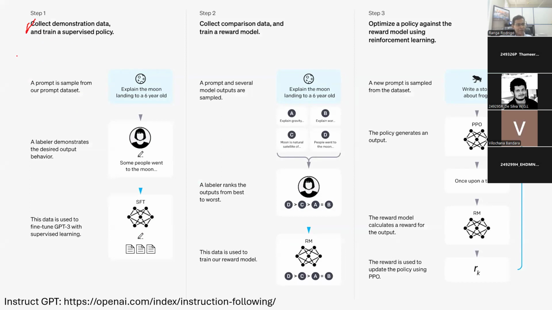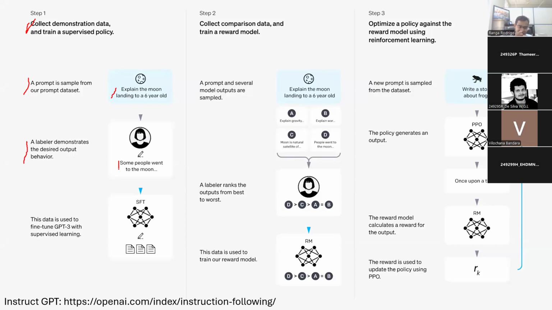Okay, what do they do? They have some prompts, sampled from a prompt database. For example, explain the moon landing to a 6-year-old. Like that, you sample a question prompt. Then a labeler demonstrates the desired output behavior. So some people went to the moon, like that.